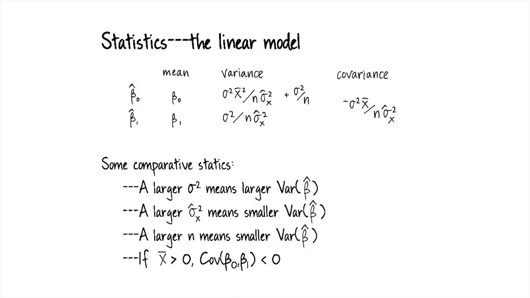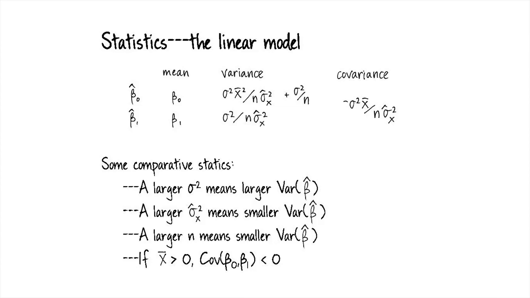If we have a larger variance of x, so in other words, our x's are more spread out, that's going to lead to a smaller variance in beta hat. And a larger n also means a smaller variance of beta hat.